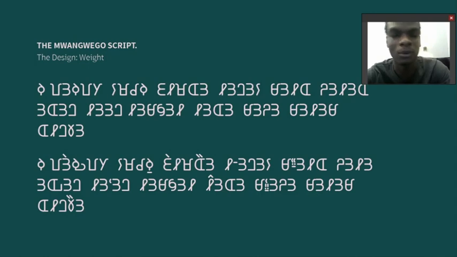And so, considering all that, if I made a weight that was too heavy or too light, that would hinder the legibility of the whole typeface, of the whole writing system, and it would be quite difficult to read. So I had to work with a neutral, medium weight. That's the design decision I had to take.